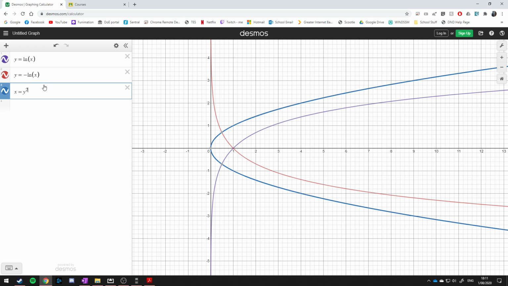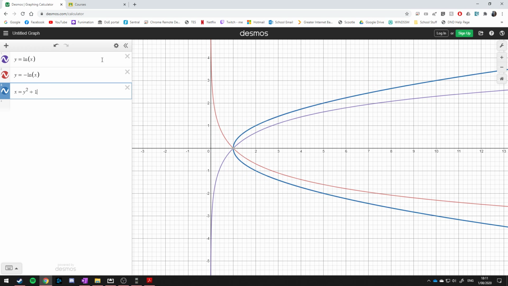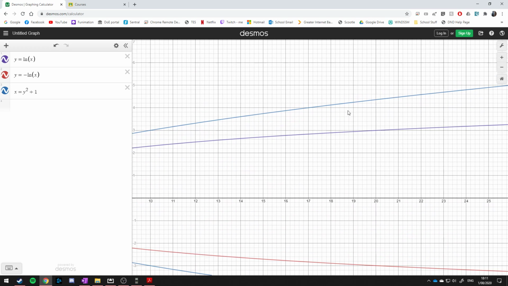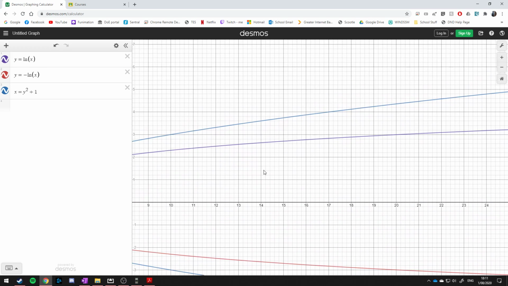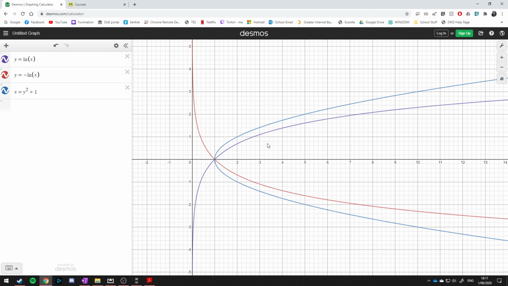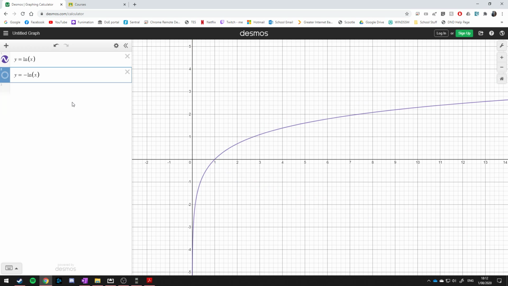Like the other one, it starts out much wider, and this one actually grows quicker than the logarithm. The logarithm is a very, very slow growing function, but the sideways parabola grows quicker, quicker negatively as well in that direction too. But that's just a cool little thing to look at.